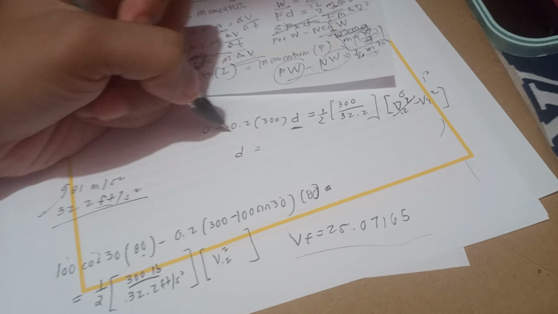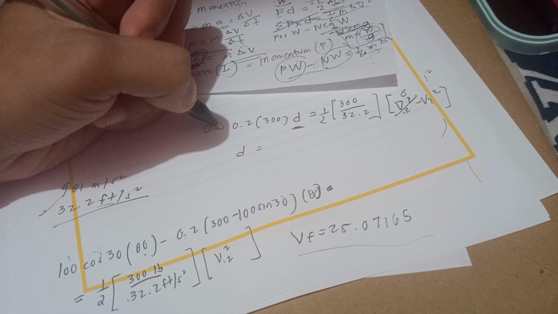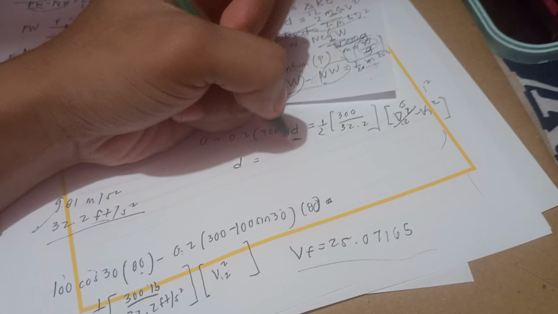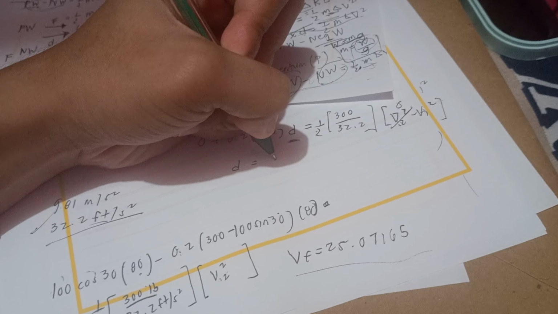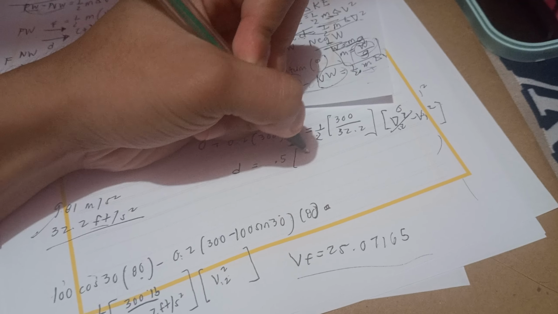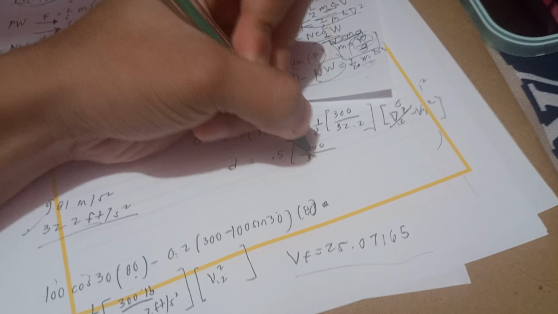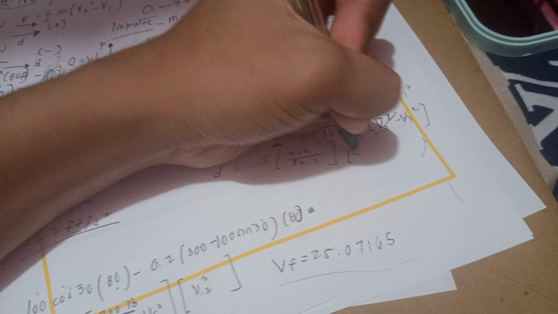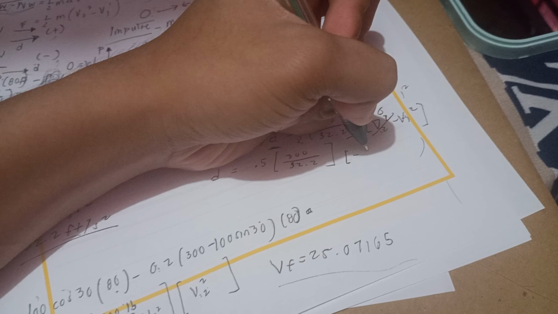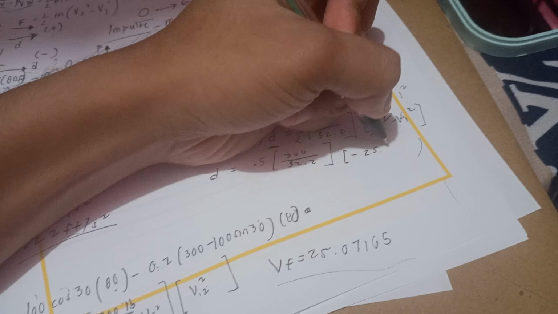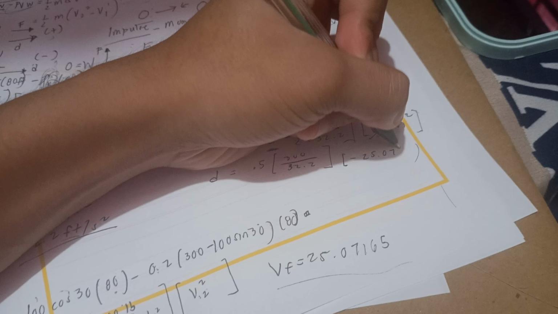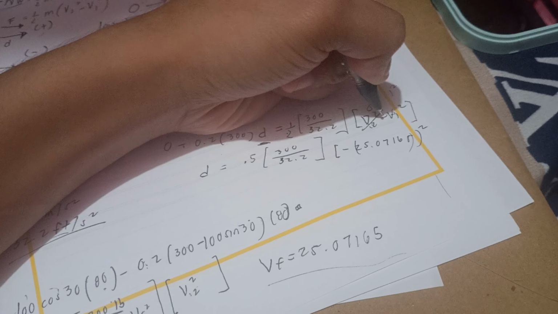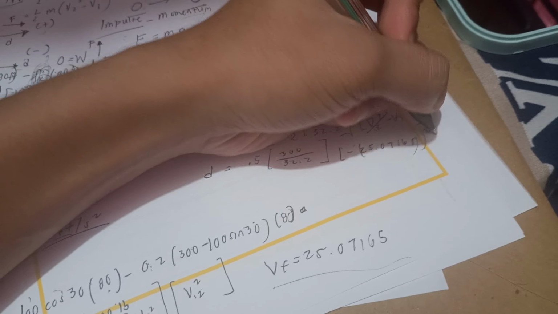Kung mapapansin yung negative to, then negative din to, so magiging positive. Pinakasagot, 1/2, that's 0.5, multiplied by 300 over 32.2 times yung v, eto negative yan, di ba? So, ang v initial natin is 25.07165. Ito naka-squared, kaya hindi included yung negative.